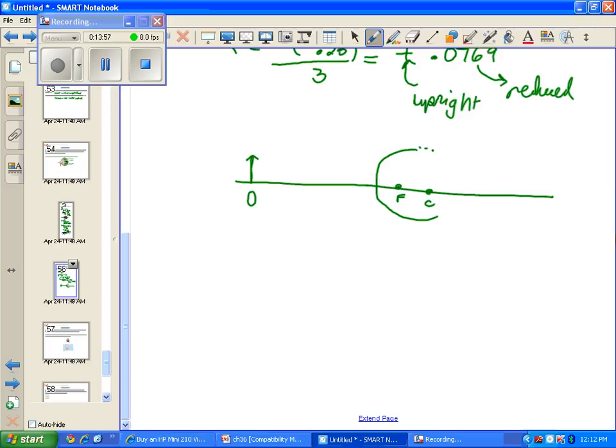And we proceed to draw our principal rays. First one parallel to the principal axis and reflects as though it was coming from the focus. So back trace it to the focus, and out it goes in front of the mirror.